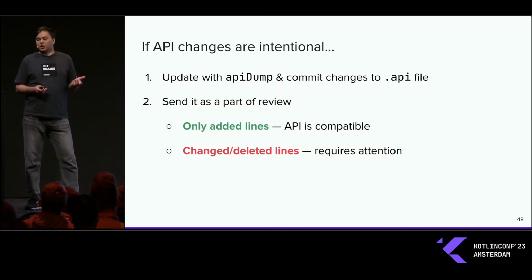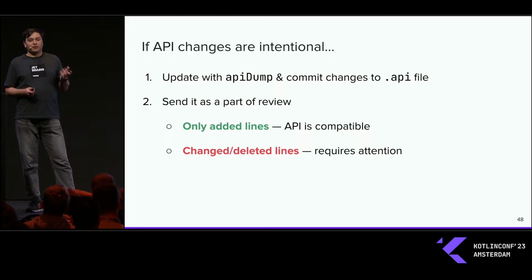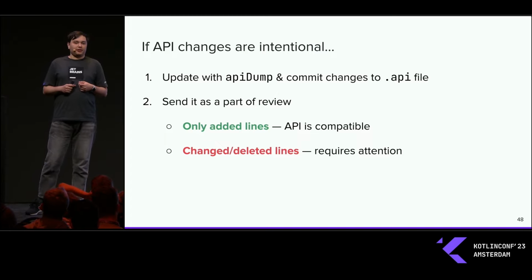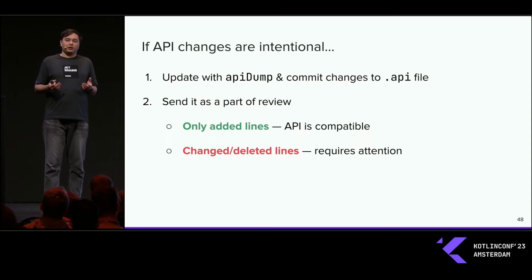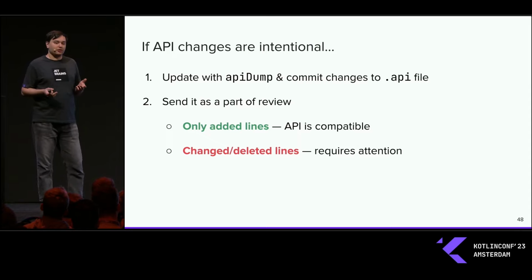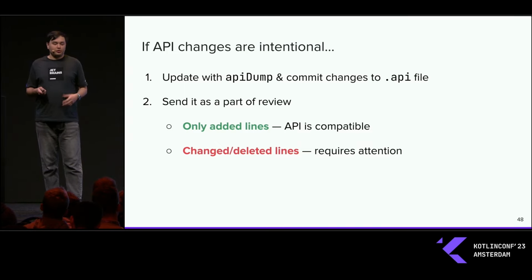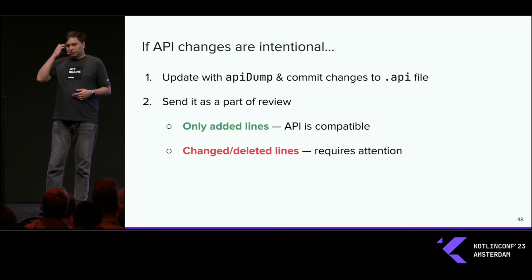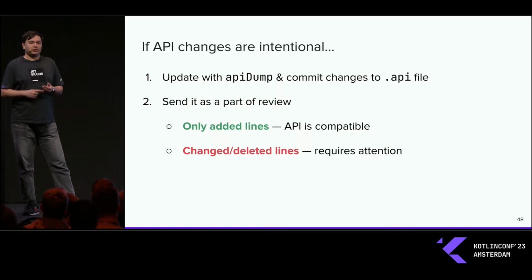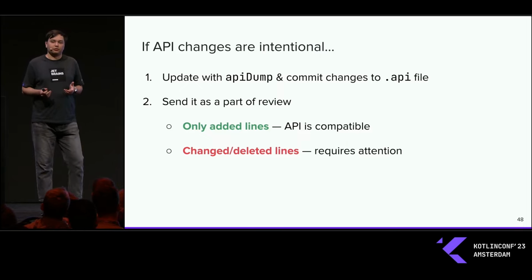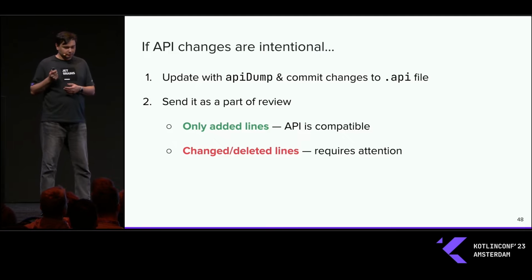But if there are changed or deleted lines in this API file in this commit, it requires attention because the new API is likely incompatible with the old one. We use this tool in pretty much every Kotlin library, in serialization, in coroutines, and stdlib, and it has proven itself to be really useful.